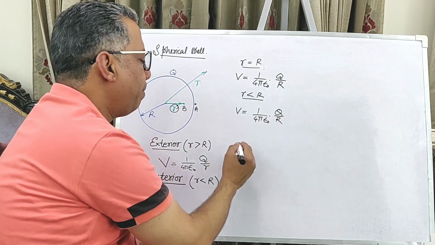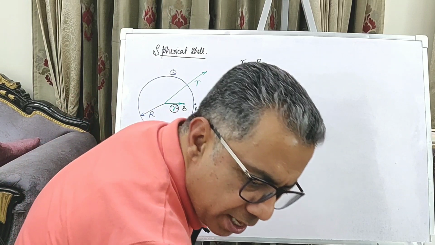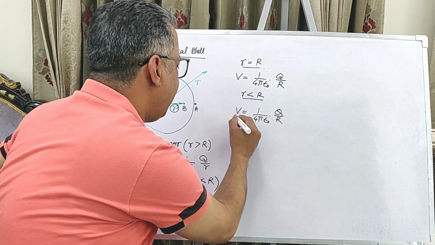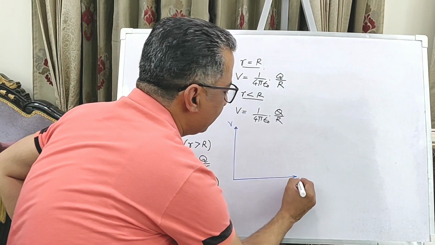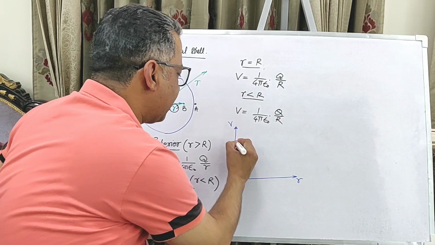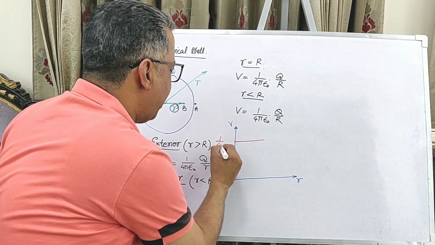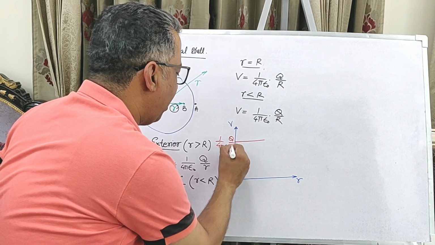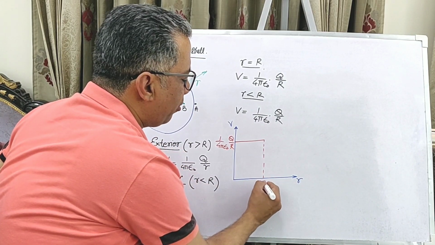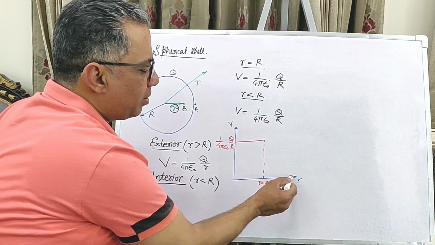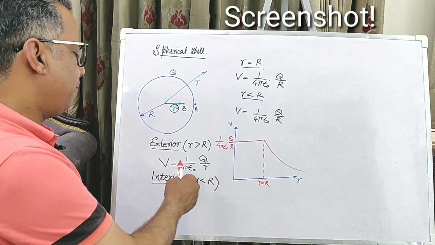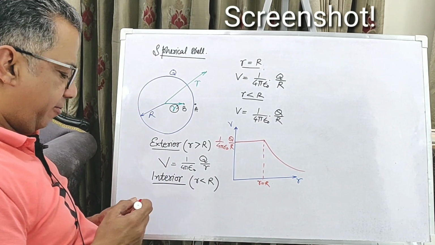So it's a constant quantity, and if you were to draw a graph of this potential, that is a graph depicting variation of potential V versus the distance small r from the center, you will get something like this: 1 by 4 pi epsilon naught Q by R on the inside, and then as you move outside, this is where small r becomes equal to capital R. When small r becomes greater than capital R, you end up having a rectangular hyperbola for this function here.